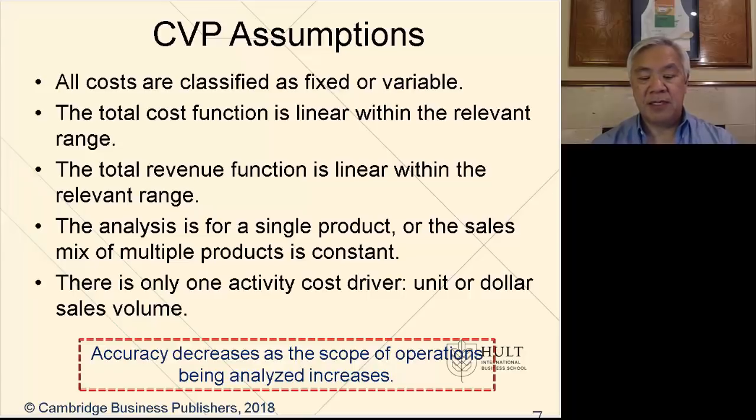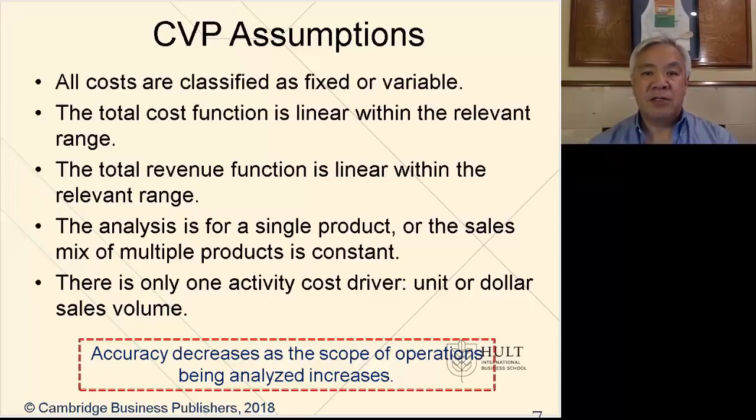The fourth assumption is that we're looking at a single product, and therefore we can look at specific margins on one product. However, we can do a simplifying assumption for multiple products, which we'll do later on in this module. Fifth, there is only one activity cost driver. In this case, it's the unit sold. So often costs may not behave with units sold. There may be other factors that cause behavior of costs, such as weather, right?